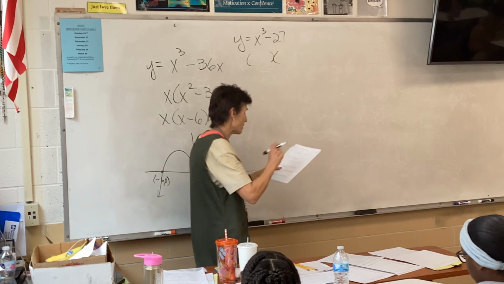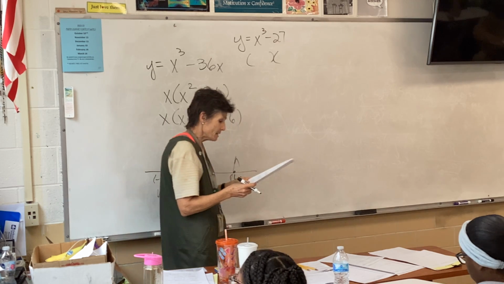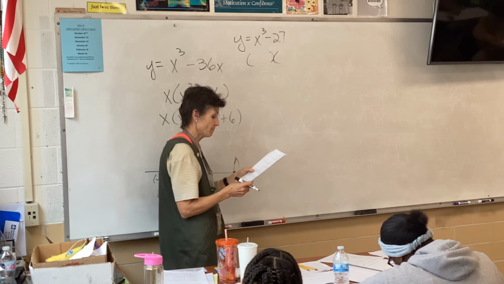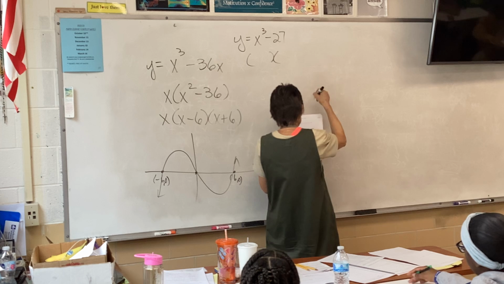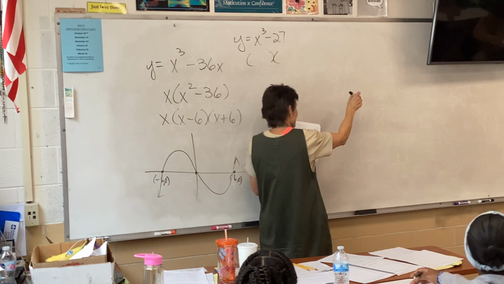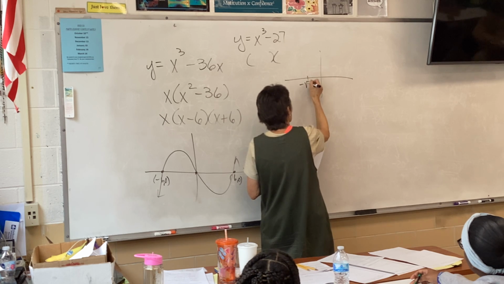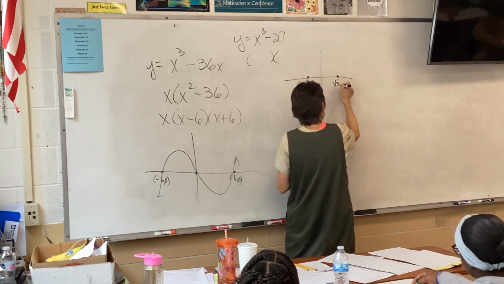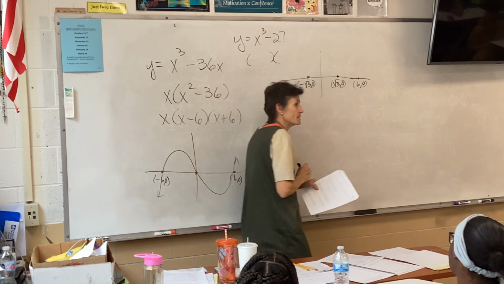So just don't panic. We're going to learn how to do them, and they're not that hard. They just involve some extra things. All right, so let's go to number 3, because we can do number 3. Number 3 says write an equation of the cubic function with root 3, negative root 3, and 6 as zeros. So in other words, I got a picture, and negative root 3, positive root 3, and 6 are the zeros.